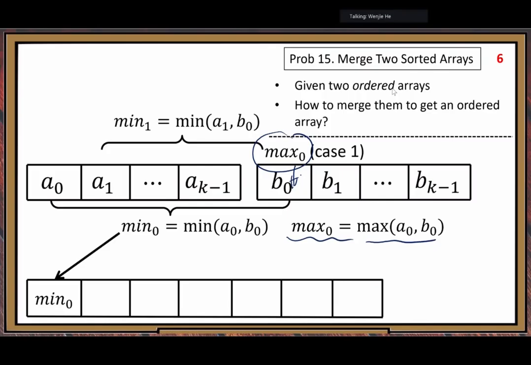So after each comparison, we can put one element in place. The remaining element, then we do the next comparison, and so on, in natural order. In that way, at the end, we can merge all the elements to get a whole ordered array. Pretty straightforward.